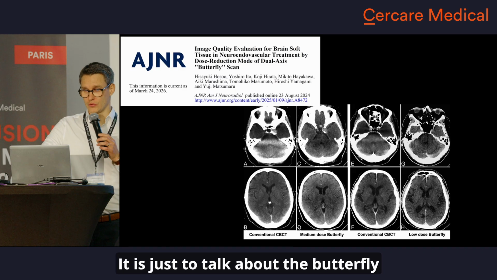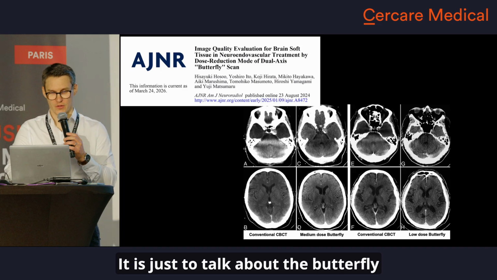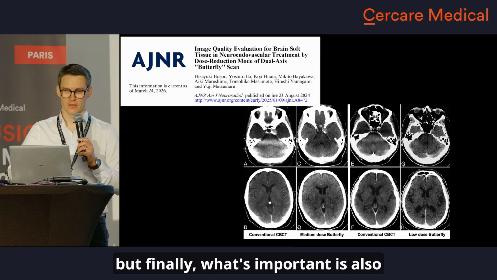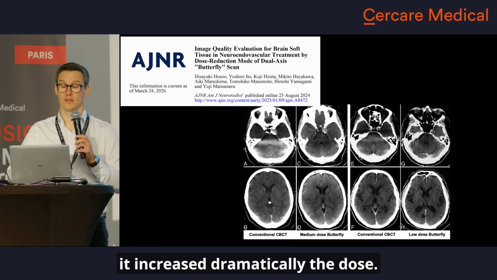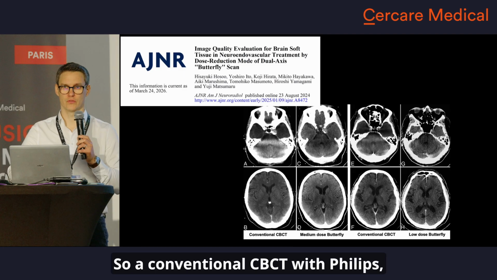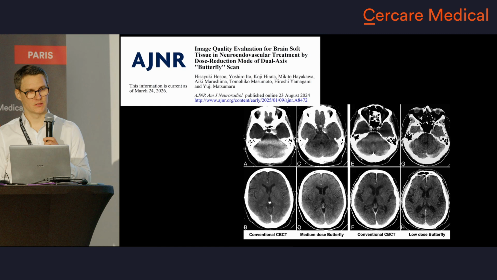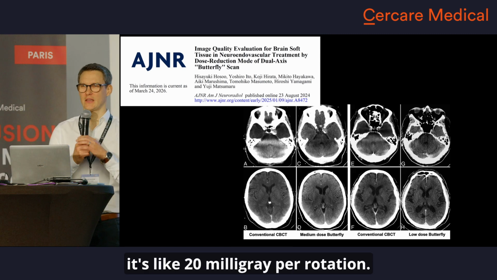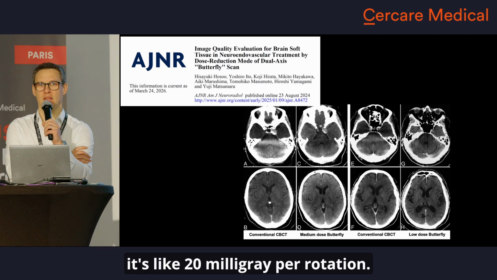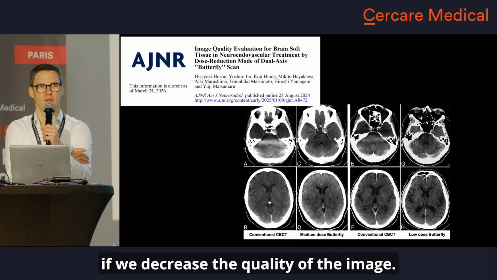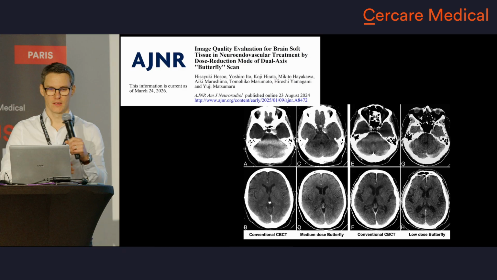It is just to talk about the butterfly, because I told you it provides better images, but what's also important is that it increased the dose dramatically. So a conventional CBCT with Philips is like 20 milligray per rotation. We can go lower than 15 if we decrease the quality of the image.